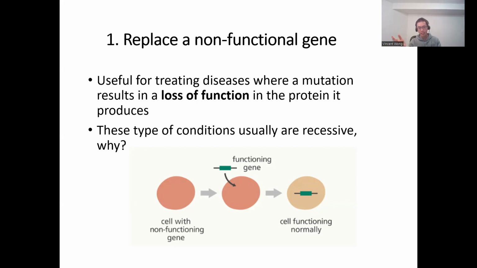You have a disease that has a mutation that causes a loss of function. Okay, the protein is no longer working, so it makes sense to introduce the functioning gene, and then the cell will function again. But that would only be applicable if the condition is recessive. Okay, so let's say someone has sickle cell anemia.